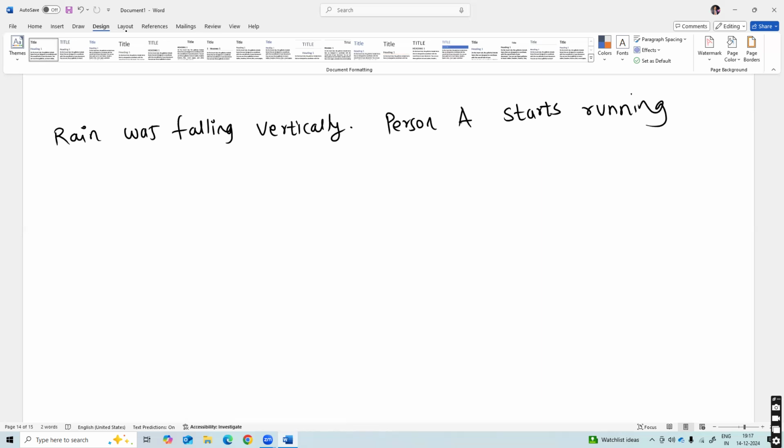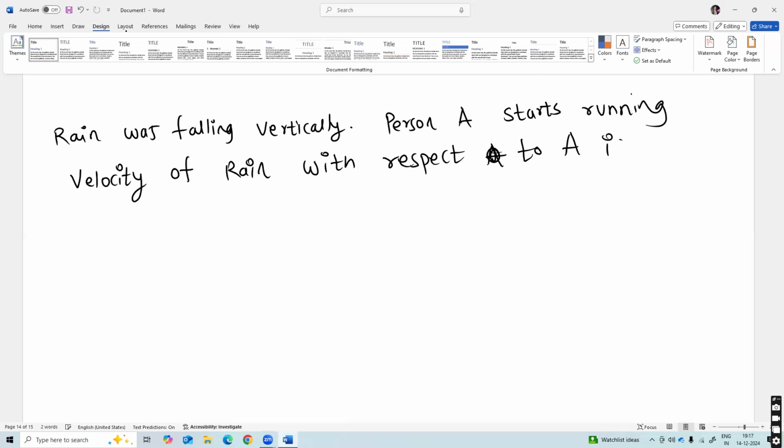Velocity of rain with respect to A is 10 meter per second at an angle of 45 degree. So what will be the speed of A and rain?